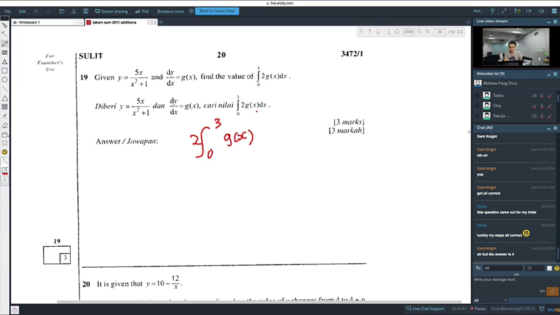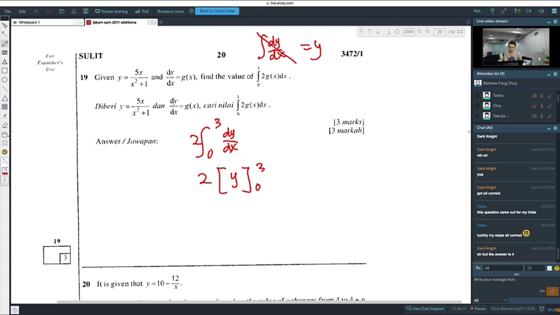And we already know g(x) basically is dy/dx, isn't it? So let me substitute dy/dx into g(x). Whenever you integrate dy/dx, you can simplify it, you will be left with y only. So if I integrate this one, I will get y only.